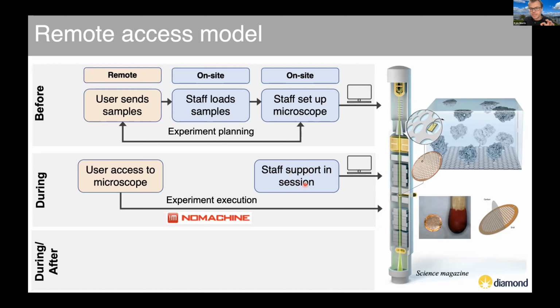The staff member will be physically near the microscope. The user will be accessing remotely, and this piece of software, NoMachine, allows the user full control. And then we use Zoom or Teams so that in real time, staff can talk to the user. And this closed loop, I think, actually makes this remote model pretty much the same as a user coming on site.